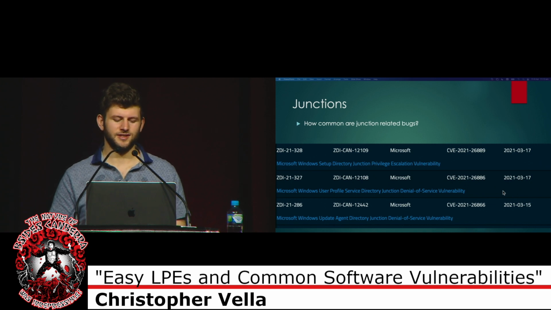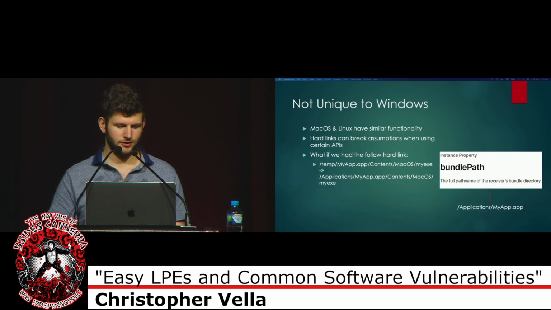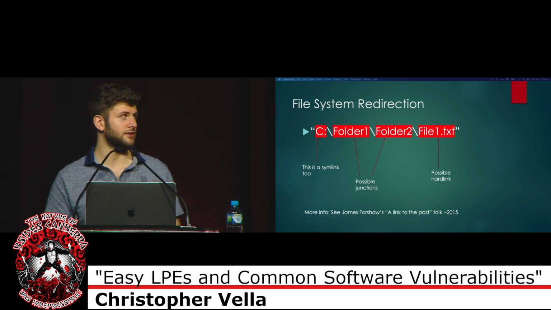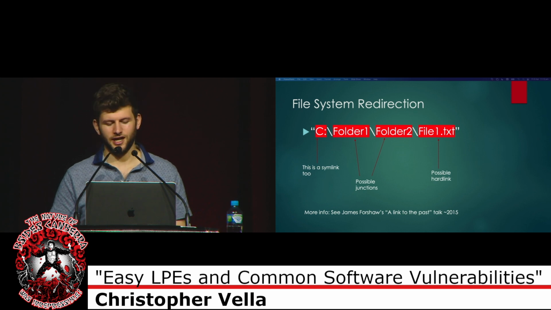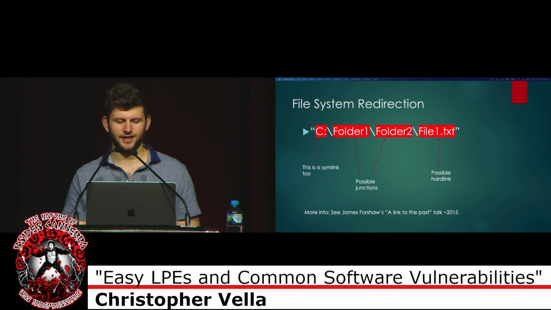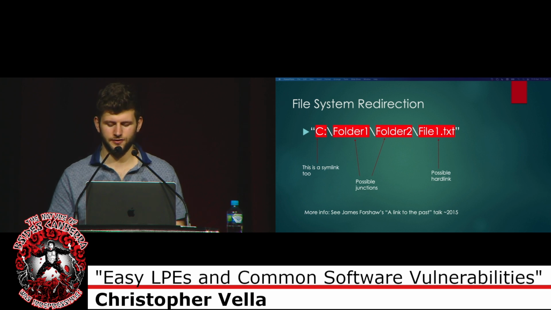And Windows has kind of mitigated some of these things. If we go back to the potential hard links, there were hard link mitigations released in the Windows OS not too long ago. And in the future, I expect there to also be mitigations against a lot of these junction attacks that we will see shortly. But currently, it does plague a lot of software.